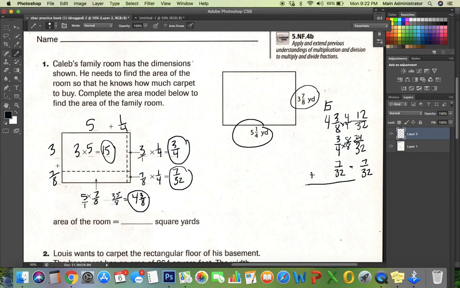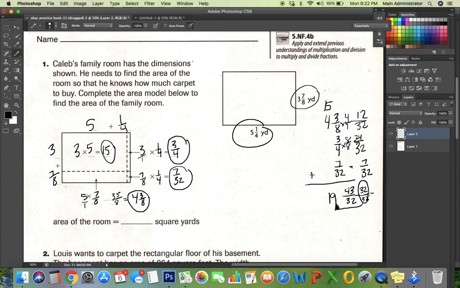When I add up 12 plus 24 and 7, I would get 43/32, so I'm going to have to fix that. And 15 plus 4 is 19. I'm going to take out 32 out of 32. That's one whole. I'm going to move that whole over to the 19 and make that a 20.